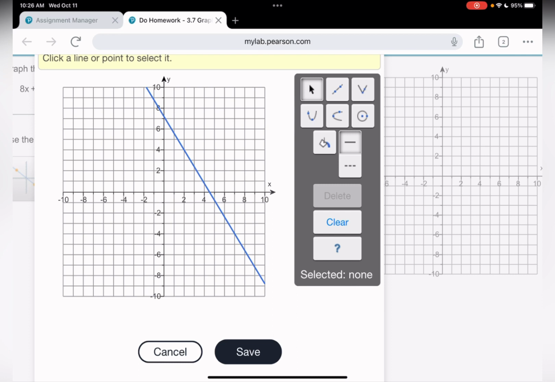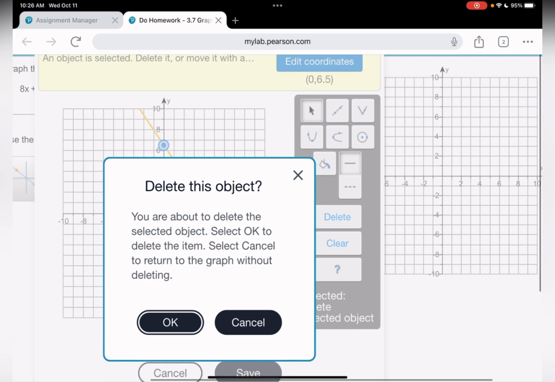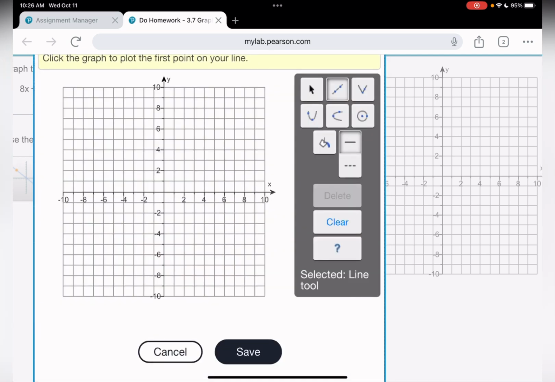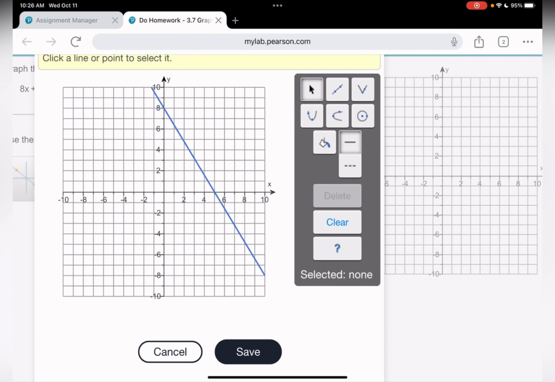Oh, it's shifted. I have to clean. So 0, 8 and 5, 0. Yeah, 5, 0 and 0, 8. Correct.